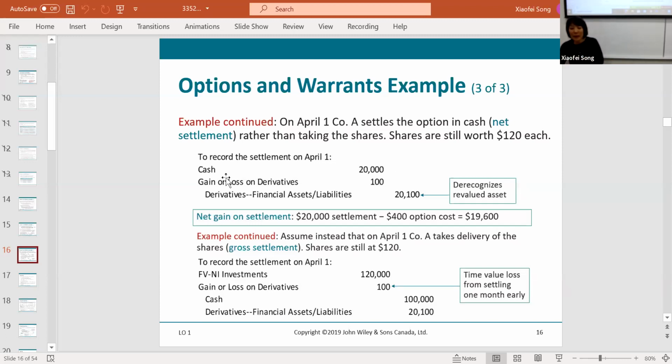So in this case, with net settlement, you get a cash settlement for the net value of the option on that day, without time value, right? This is the difference between the exercise price and the trading price on that day. In other words, that's the intrinsic value.